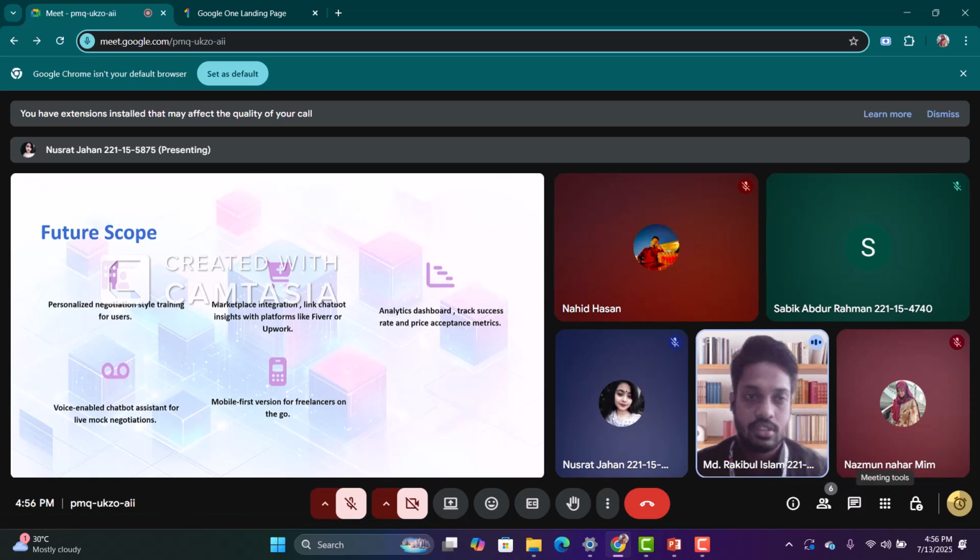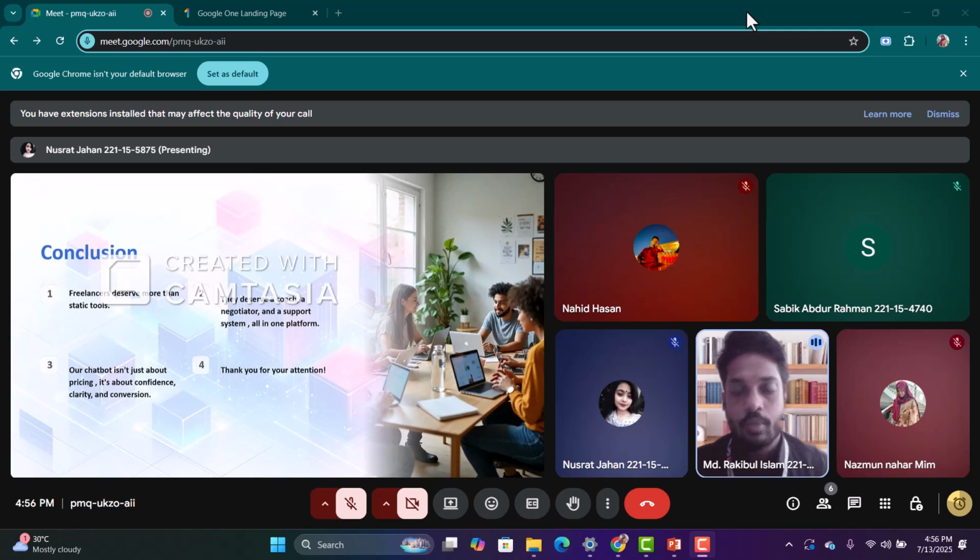A mobile-first version is also in development, so freelancers can negotiate confidently from anywhere. We're also exploring marketplace integration with platforms like Fiverr and Upwork, and even personalized training to help users improve their own negotiation style over time. These future additions will make the tool not just smart, but truly transformative for freelancers.